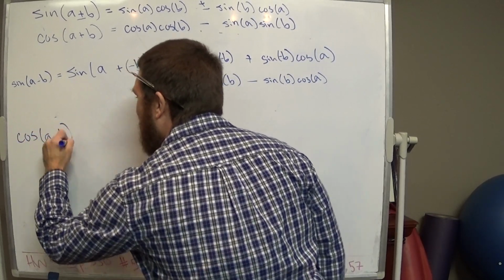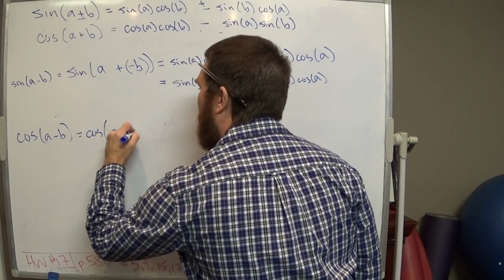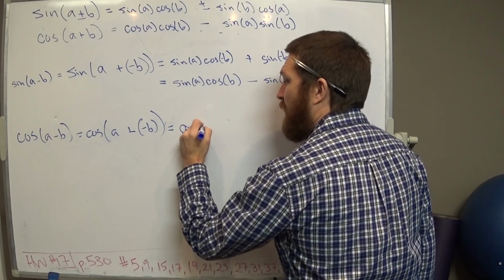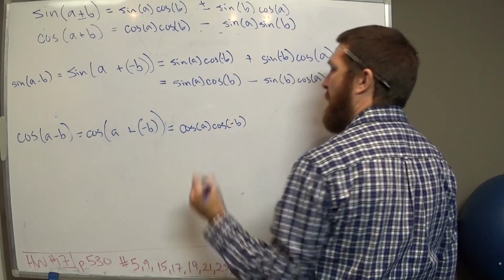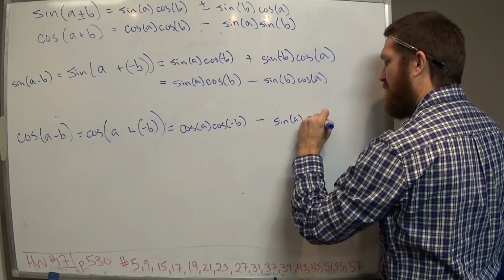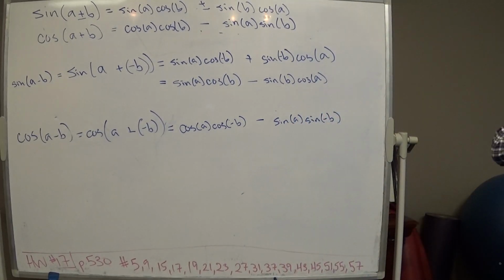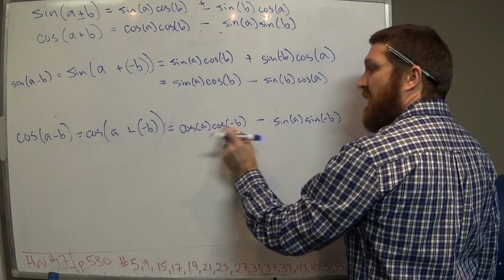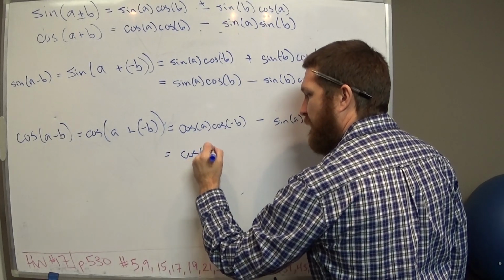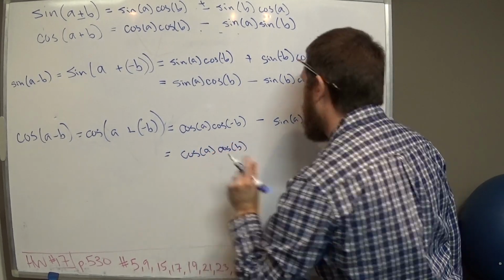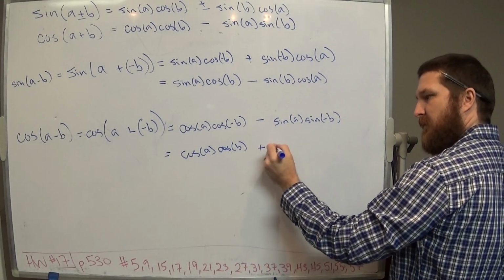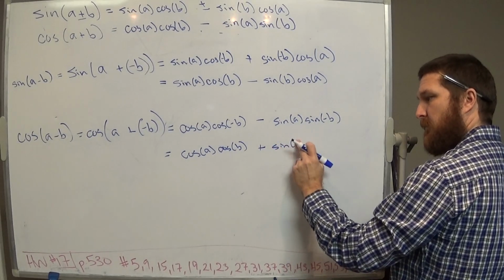Cosine A minus B is the same thing as cosine A plus negative B, which is, let's see, cosine A cosine negative B, I'm just using this formula, minus sine A sine negative B. So then if I pull out the negative, cosine is an even function, so it's the same thing as just plain old cosine B. Pull out the negative from here, that makes this positive. Check me on that. Is that true? Yeah.